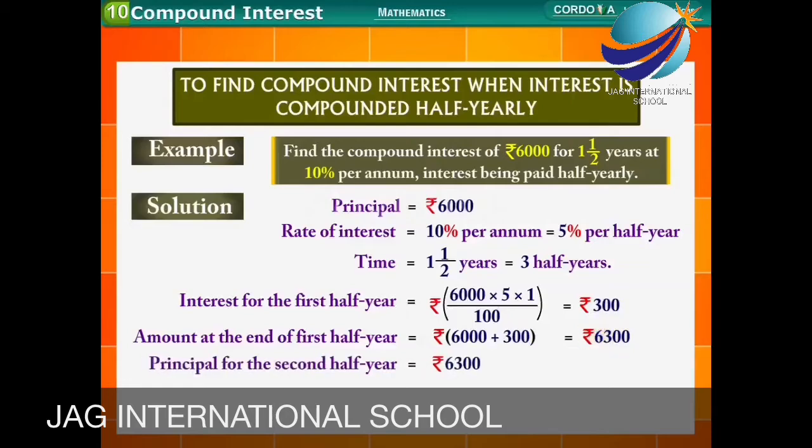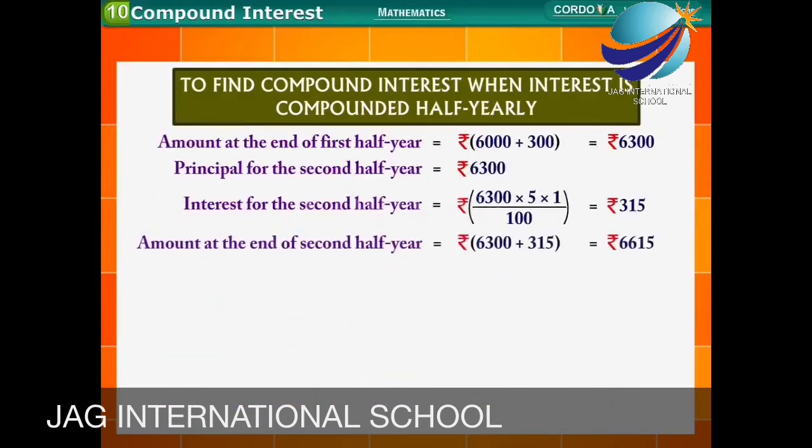Principal for the second half year is equal to rupees 6,300. Interest for the second half year is equal to rupees 6,300 multiplied by 5 multiplied by 1 divided by 100 is equal to rupees 315.